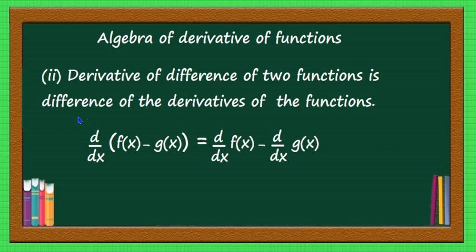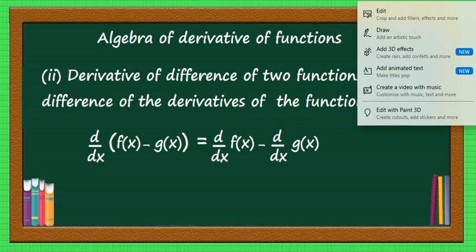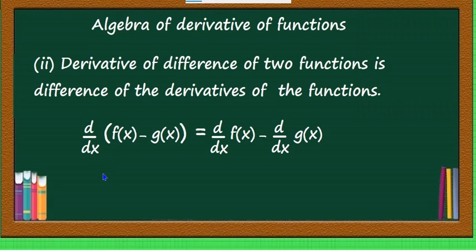Next, the second rule is that the derivative of the difference of two functions is the difference of the derivatives of the functions. That is, d by dx of f of x minus g of x equals d by dx of f of x minus d by dx of g of x. Suppose you want to find d by dx of the difference of two functions, let us take for example x cube minus tan x.